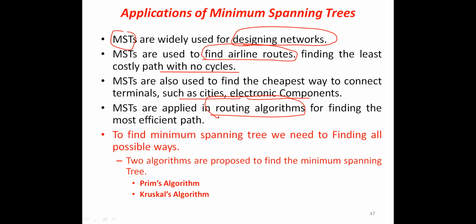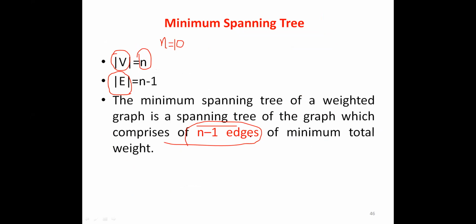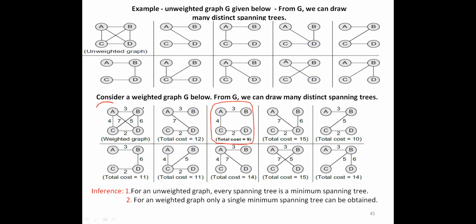To find the minimum spanning tree, we need to find all the possibilities, right? If you want to find the minimum spanning tree for this graph, what will I do? I will keep doing it manually, first this one, second, third, fourth, like this. But there is a solution given by some authors where I can directly find the minimum spanning tree.